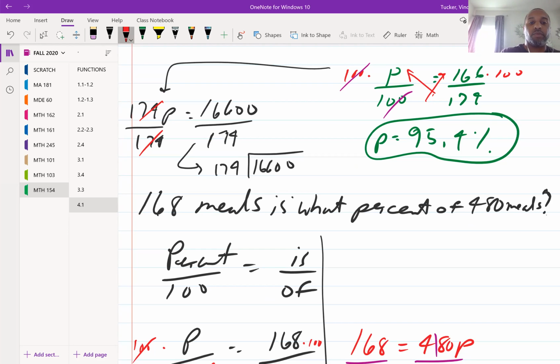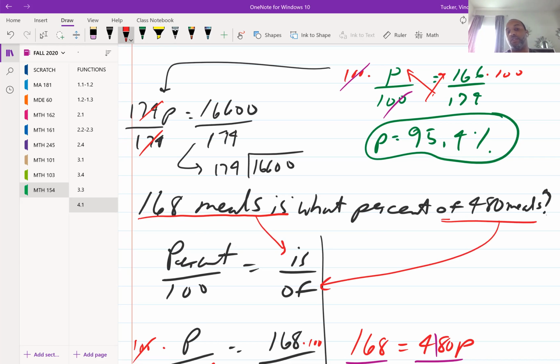So 168 meals is goes here, the percent is your percent, and of 480 goes down here. So is over of is another way you can remember how to set up your proportion.